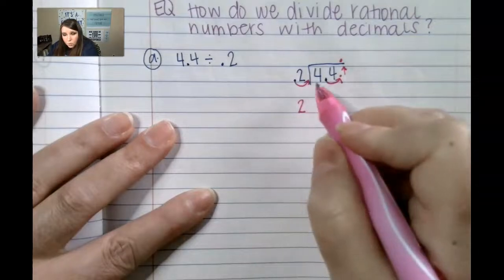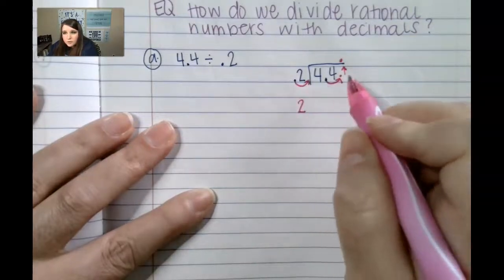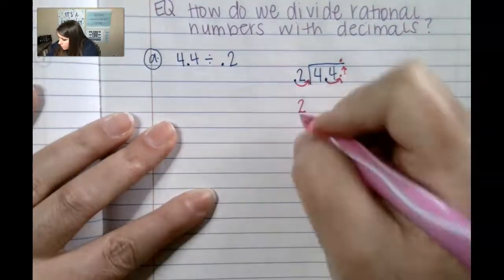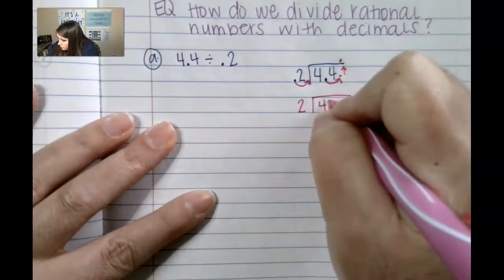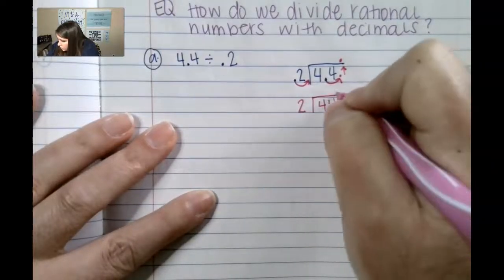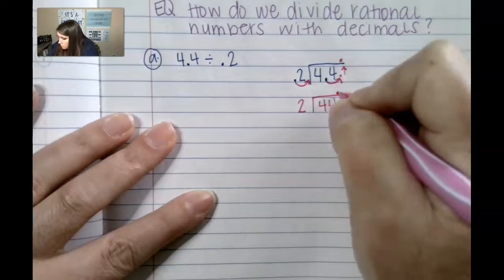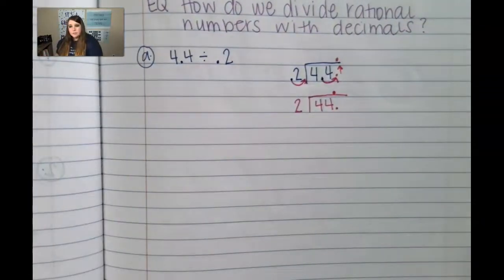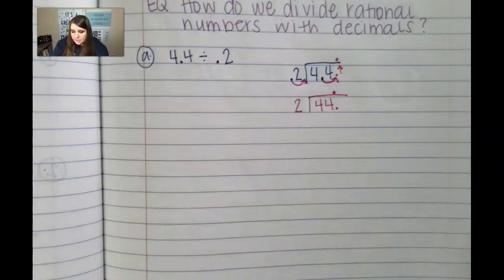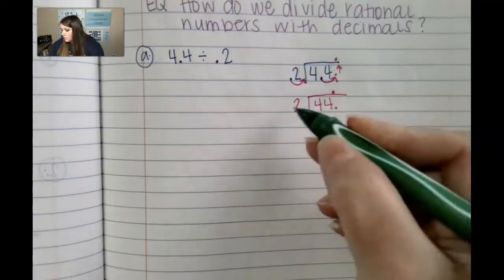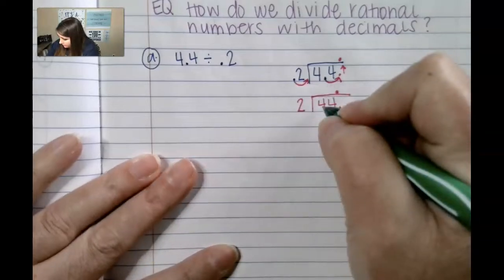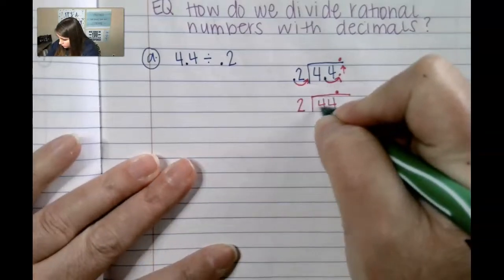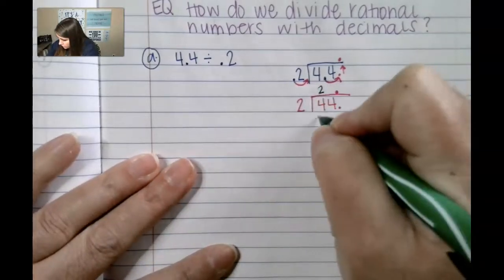So you moved it 1, so it's over, up. Our new example is 44 divided by 2, and our little decimal is right there. Now we're going to solve this problem as though it were 44 divided by 2. 4 divided by 2 is 2.